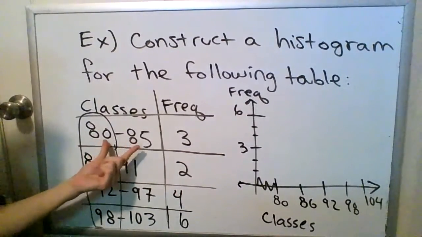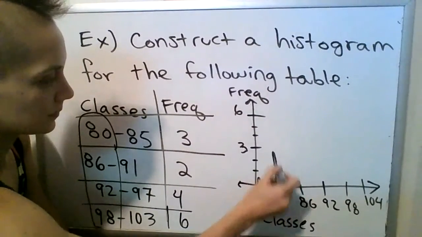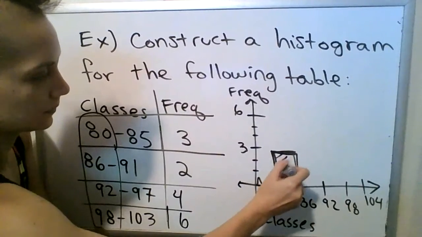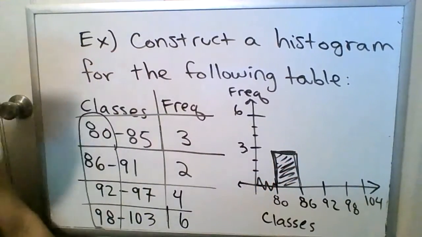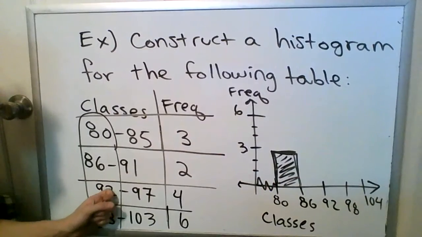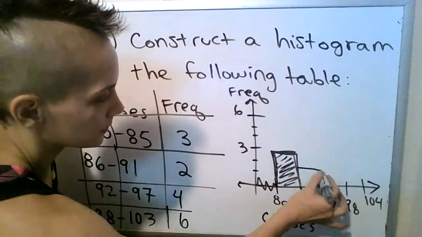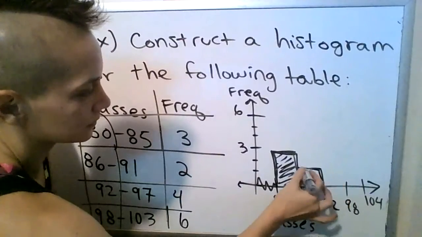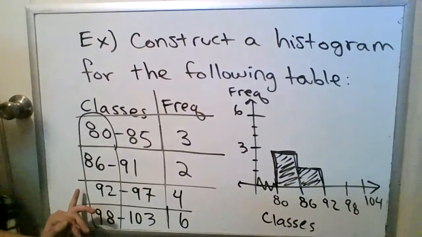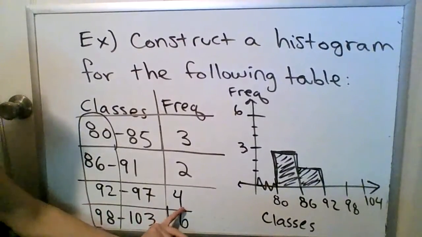Okay, for your first class, we have a bar with height 3. Okay, from 86 up to, but not including, 92 is height 2. Between 92 and 98 is the height 4.